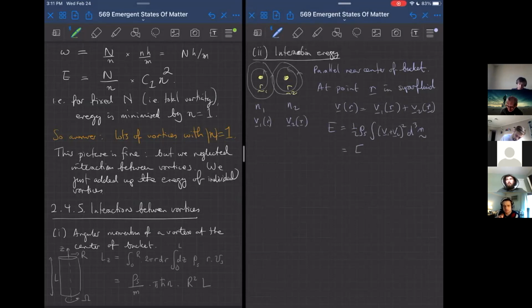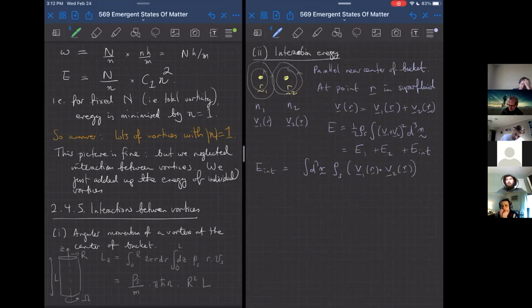So that's going to be the energy of vortex 1, the energy from vortex 2, and then there's going to be an interaction energy, which I'll call E interaction. And this E interaction is just the integral d3R of rho s times V1 of R dotted with V2 of R, like so.